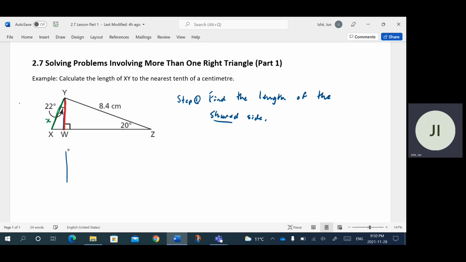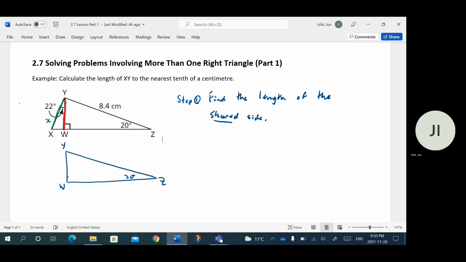What I'm going to do here is redraw this with just the one triangle. So this is, again, the triangle YWZ. I know that this is 20 degrees, this is 90 degrees here, and this is 8.4. Again, the red line here is the common side, so this is the one that I'm going to try to find first. Let's just call that length x here.